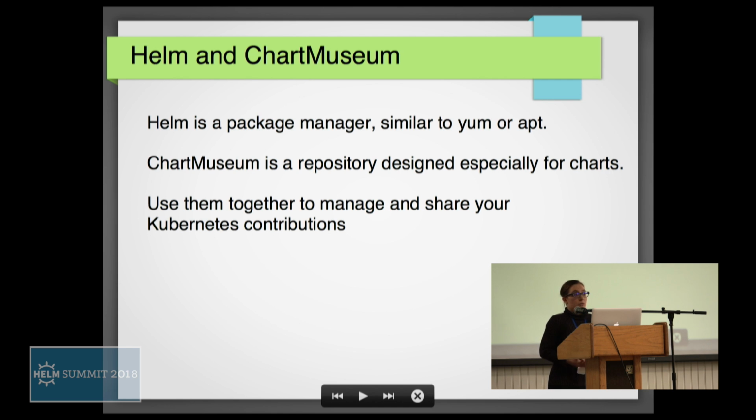ChartMuseum itself, as well as Helm, they're pretty easy to use, right? Pretty easy to get up to speed working with short commands. And more importantly, they work really well together. Especially for brand new technologies, the experience has been pretty seamless so far, as far as adding a repository and being able to search.